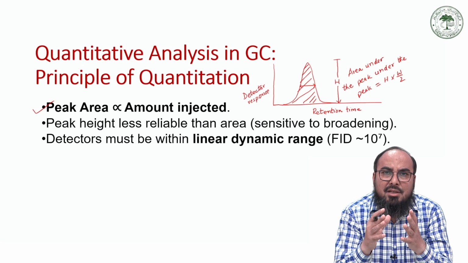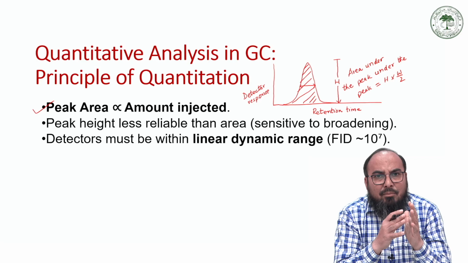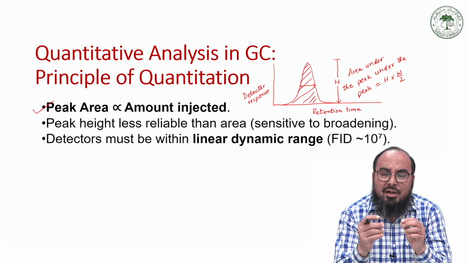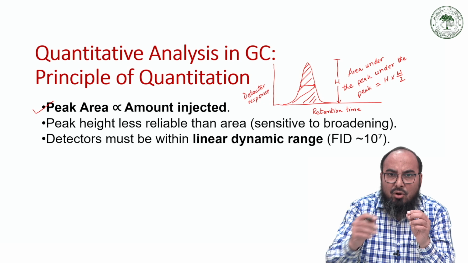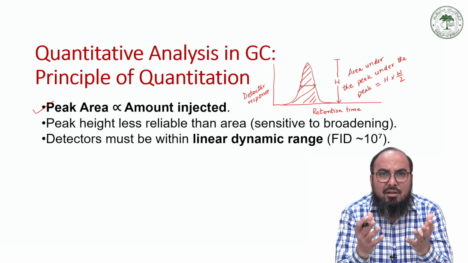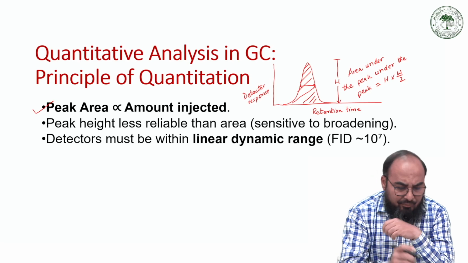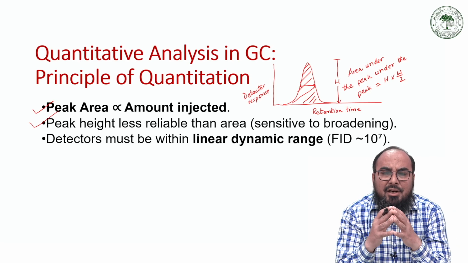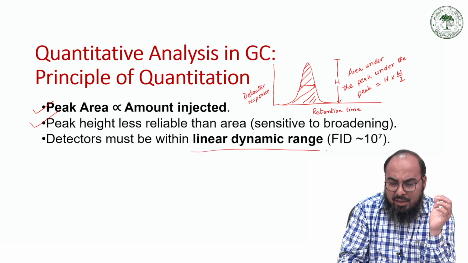And we have already discussed that if prolonged fronting is occurring, what is the root cause of that fronting, and if we are getting prolonged tailing, what are the different causes of that tailing. An ideal detector must have a linear dynamic range.